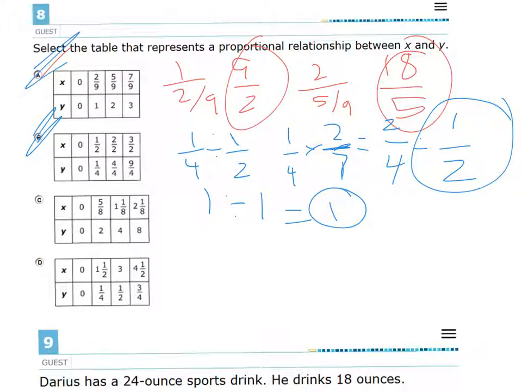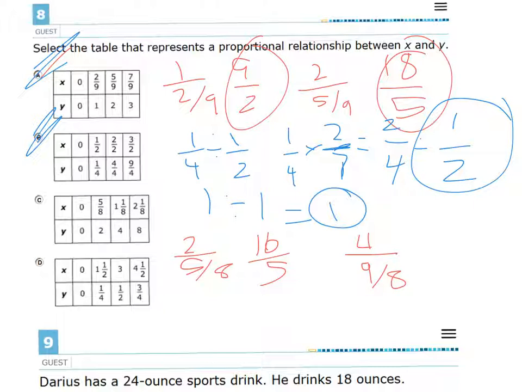It's not correct either. So now for C, I have 2 divided by 5/8, and that gets me 16/5. And then I can do 4 and 1 1/8. 1 1/8 has to be changed to an improper fraction, so I change that to 9/8.